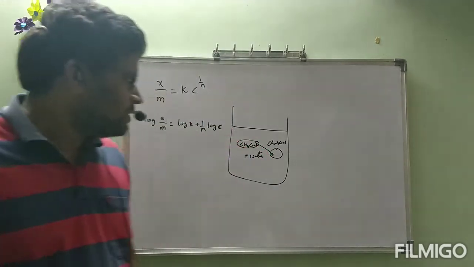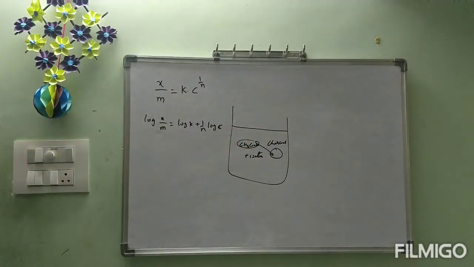Next we will go through the next topic, that is colloids. Depending on the size of the solute particle, solutions are mainly classified into three types: true solutions, colloidal solutions, and suspensions.